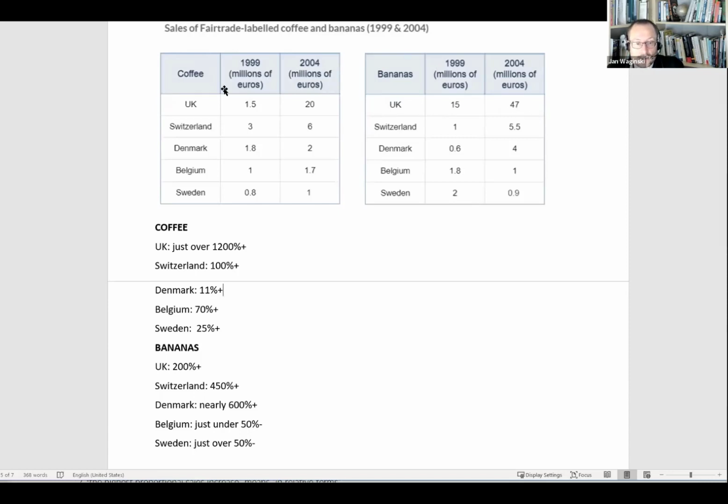For the coffee side, it's the UK for both absolute and relative terms, by far: the biggest increase in Fairtrade coffee sales in terms of absolute sales and in terms of percentage growth. But for bananas, you've got a nice contrast here. You've got the UK again, which has the biggest increase in absolute terms. But then other countries have bigger increases in relative terms, don't they?